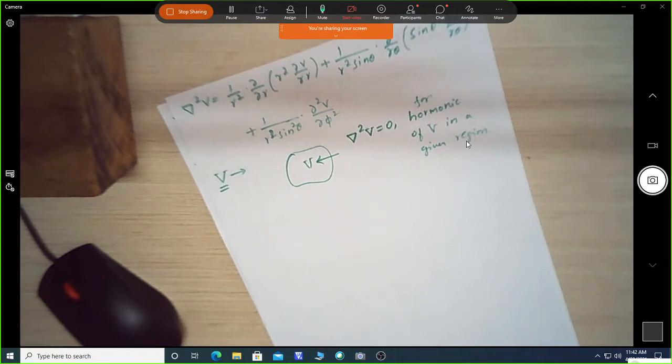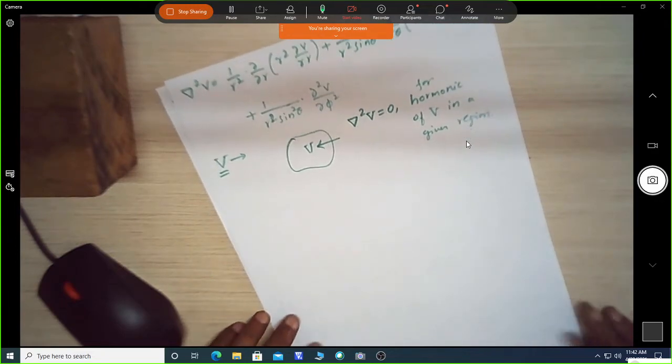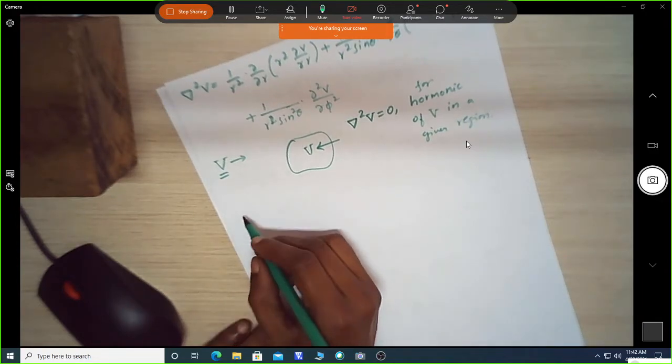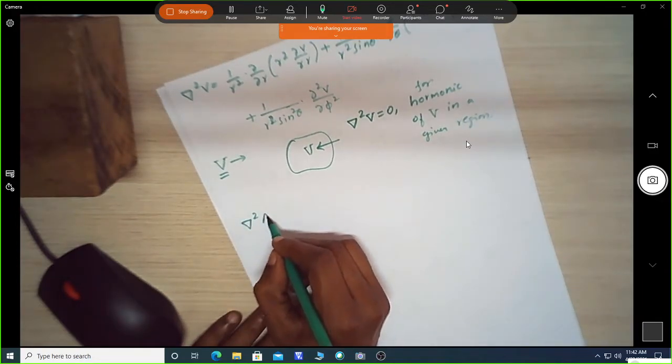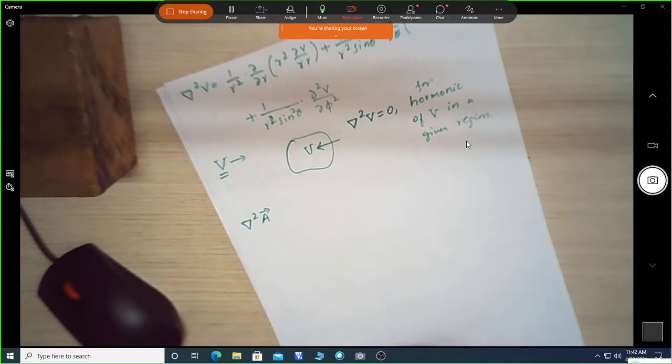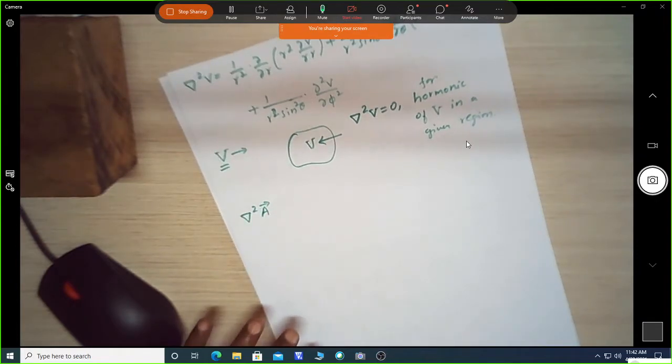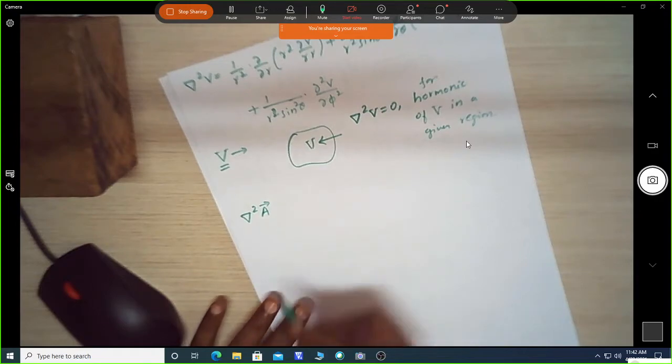We can apply the Laplacian operator to a vector field also, but when we apply it to a vector field, we should be very careful, because we have to define it properly. There are two ways we can define it.